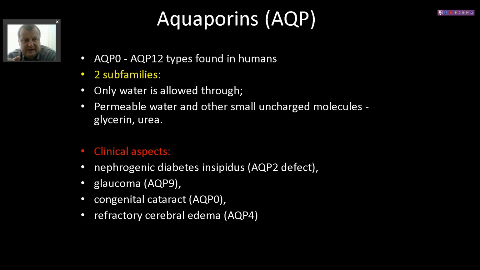And some clinical aspects about aquaporins. The defect of aquaporin type 2 provides the nephrogenic diabetes insipidus. The defect of aquaporin number 9 provides the pathological state glaucoma, and other pathological states can be provided by problems with the aquaporins.